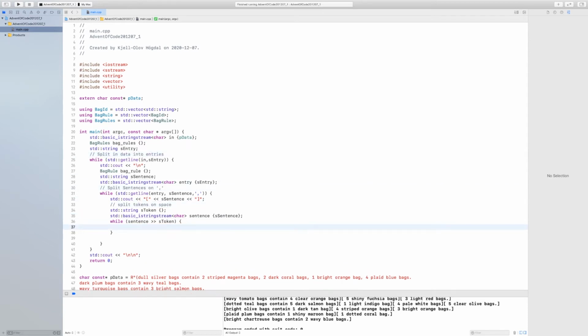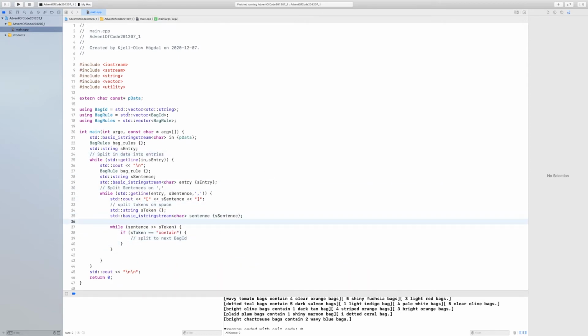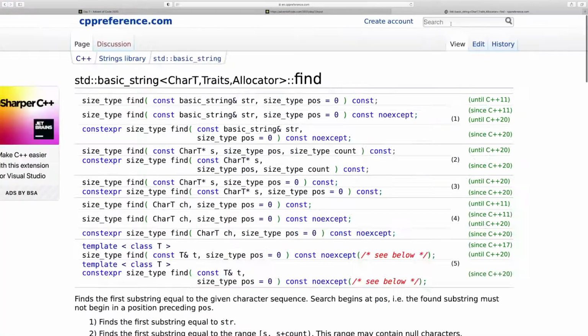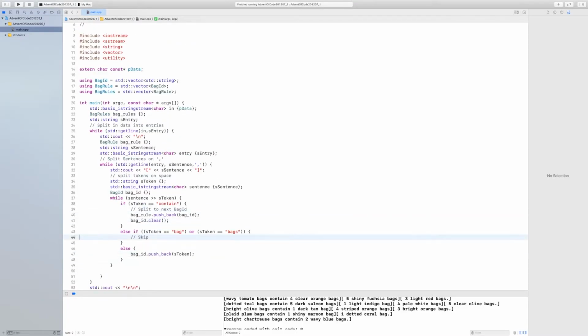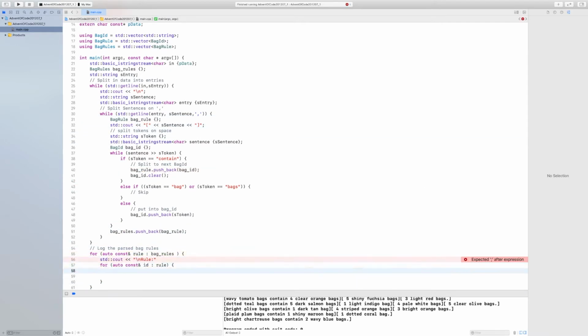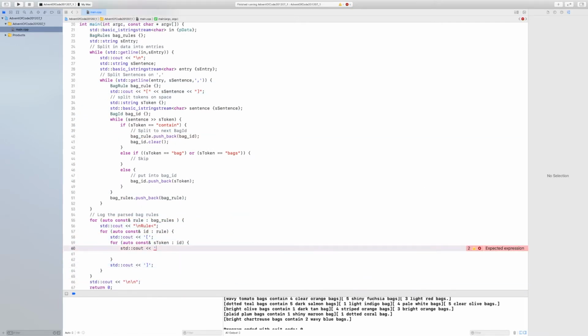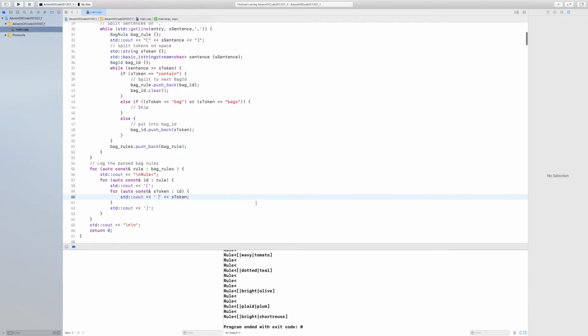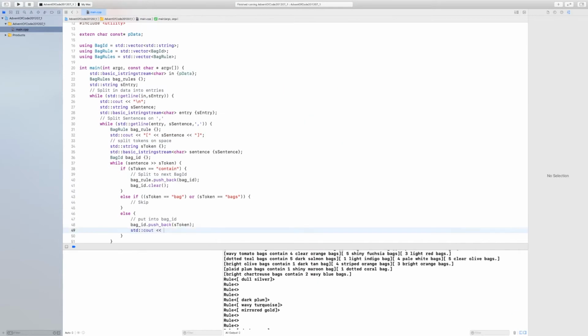And so I go the deep route here, and we get 3 levels of while loops to get finally the bag IDs represented as vectors of strings.